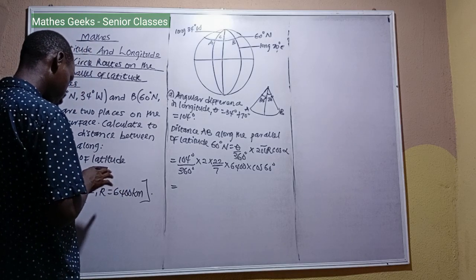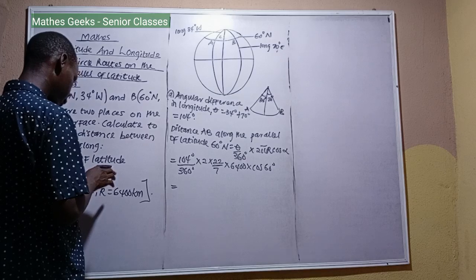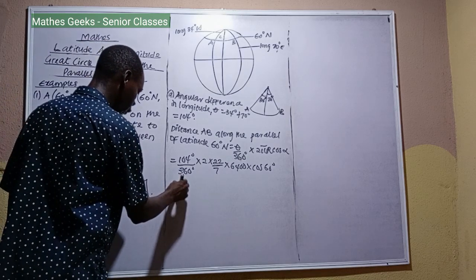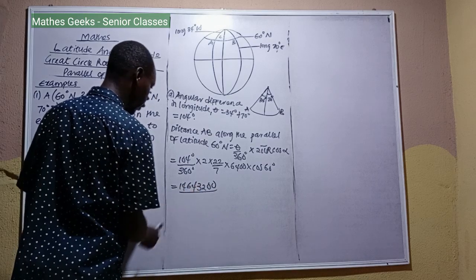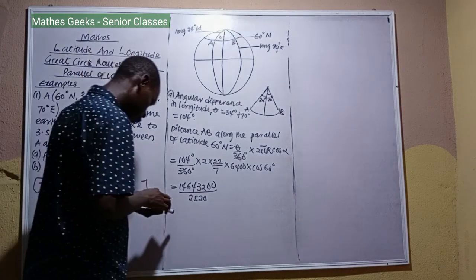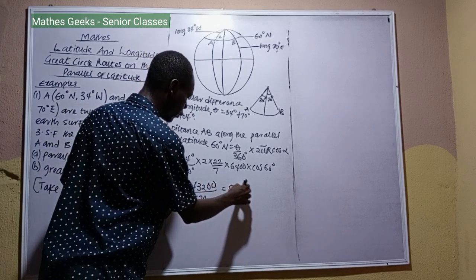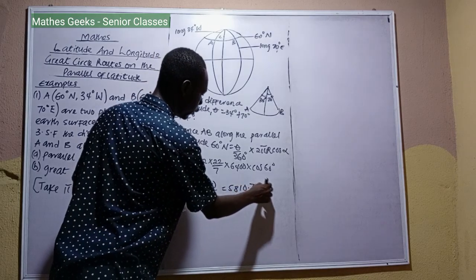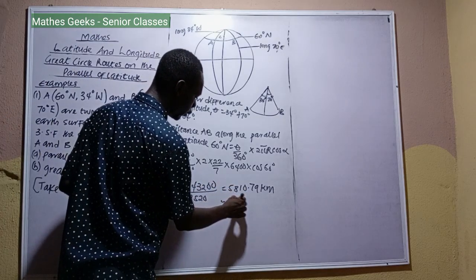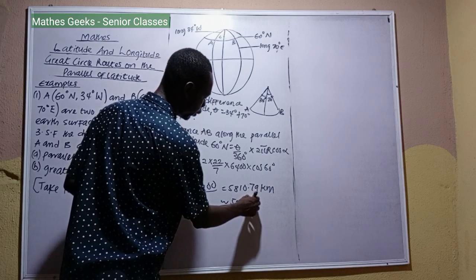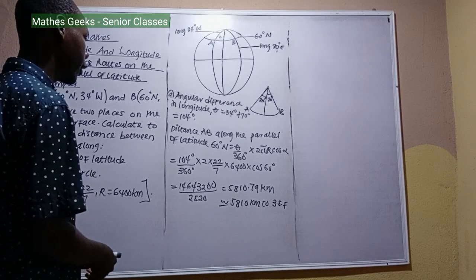This gives 643,200 divided by 2520, equal to 5,810.79 kilometers, which to three significant figures is 5,810 kilometers. So that's the distance AB along the parallel of latitude 60 degrees north.